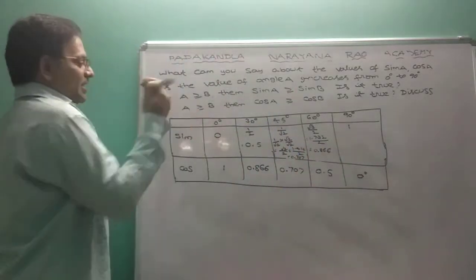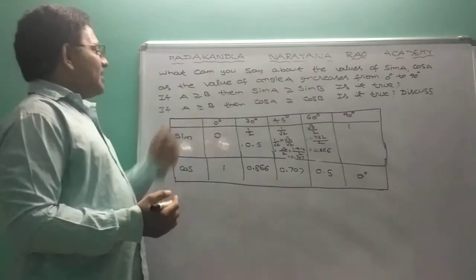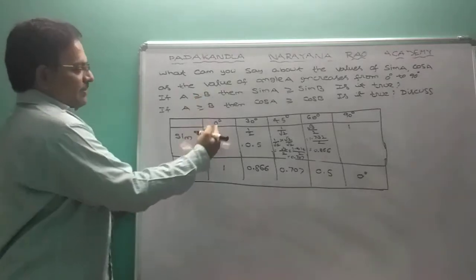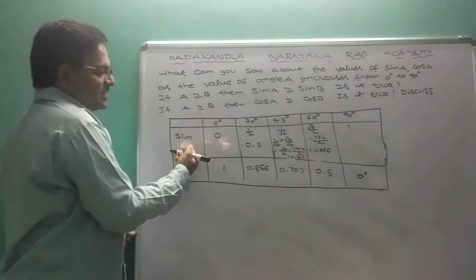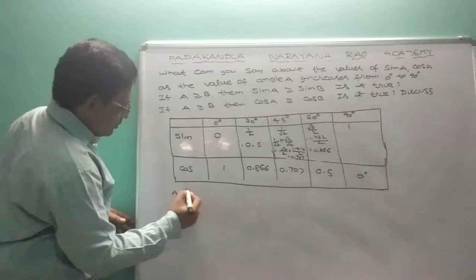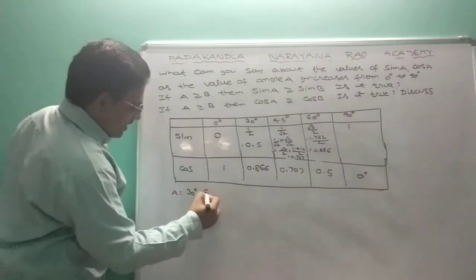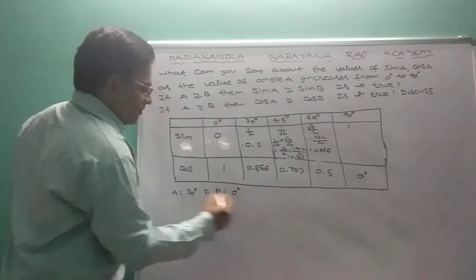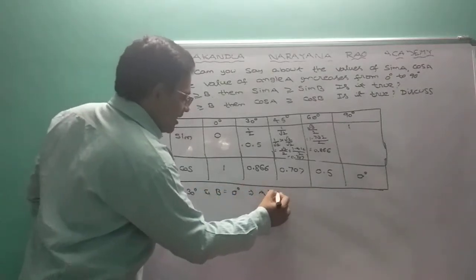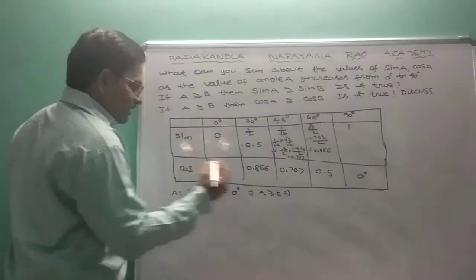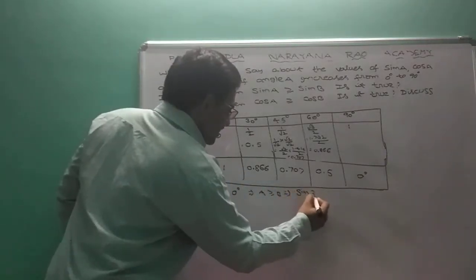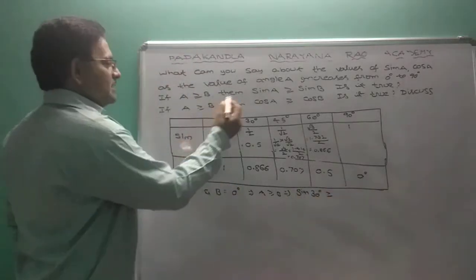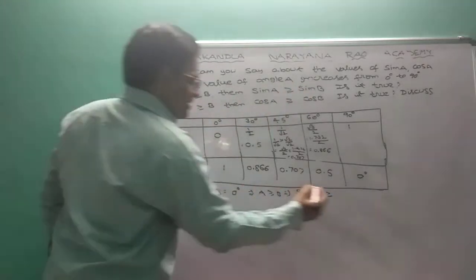Now come to the first condition. A is greater than or equal to B. For suppose A is 30 degrees and B is 0 degrees. In the case of sine, A greater than or equal to B means sin 30 degrees is greater than or equal to sin B, sin B means sin 0.